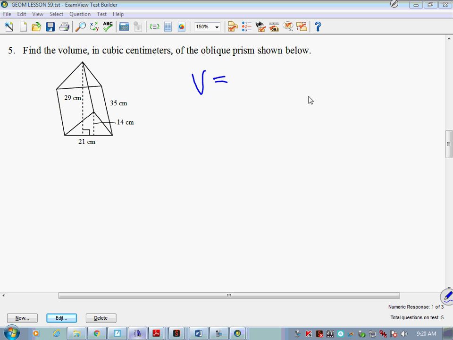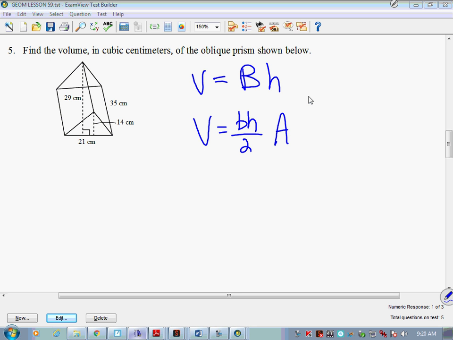It's area of the base polygon times the height. In this case, base times height divided by 2 times height. But what you have to remember is because it's oblique, my height is actually the altitude. So we're going to substitute A for H.